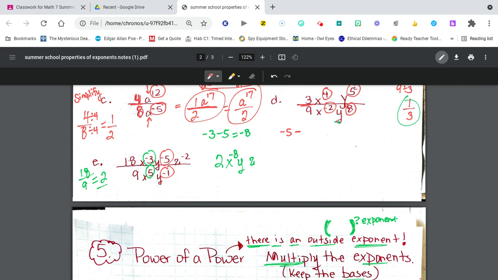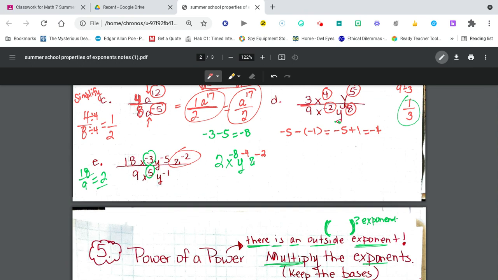Well, the exponent on the bottom is negative, so I put it inside of parentheses. So I get -5 plus 1, which is -4. And then, of course, z doesn't have anything on the bottom here. It's nothing, so I don't worry about it. I just write my z back down, so z to the -2nd.